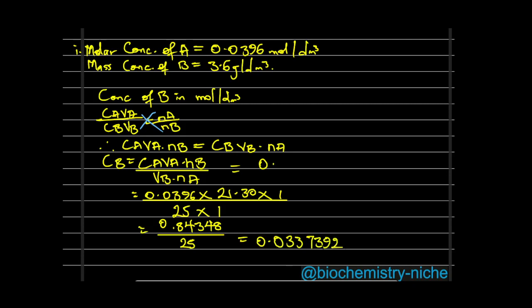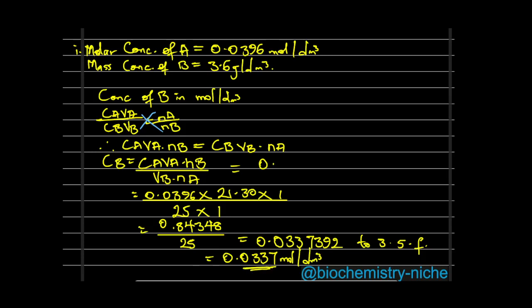0.0337392. If you take this to three significant figures, always leave your answer in three significant figures, it becomes 0.0337. And since it is concentration that you are looking for, it's going to be moles per dm cube. So that is our final answer.